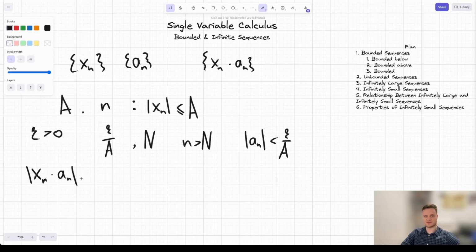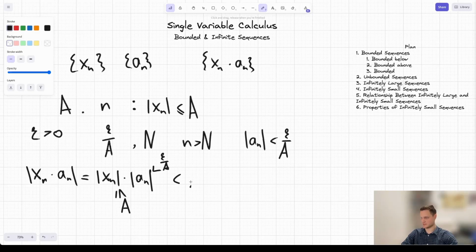We know that the absolute value of a product is equal to the product of the absolute values. For n more than n large, we know that the first term is less than or equal to a, by definition again. And the second term, we know that this is strictly smaller than epsilon divided by a.